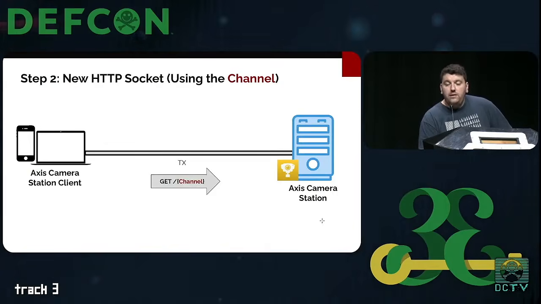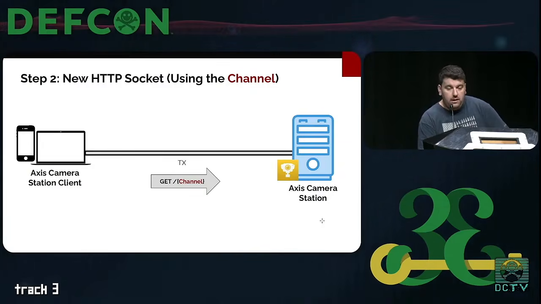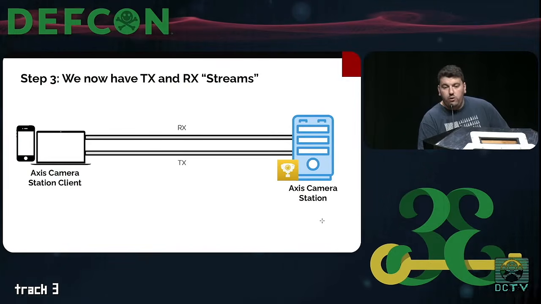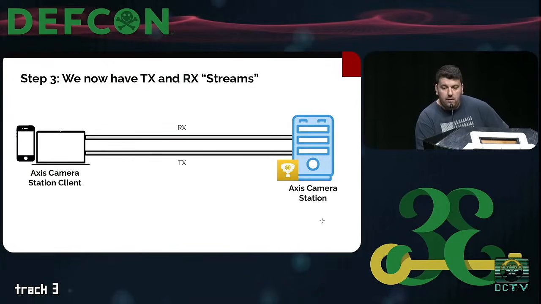Then the client creates a new connection on a new socket using the GET /channel ID it just received, and we now have two channels, two communication streams that enable us to communicate with the server. At this point, we have a TX and an RX, meaning we have one channel for transmission and one for receiving, similar to signaling over the line.